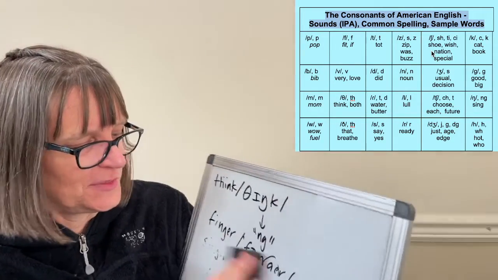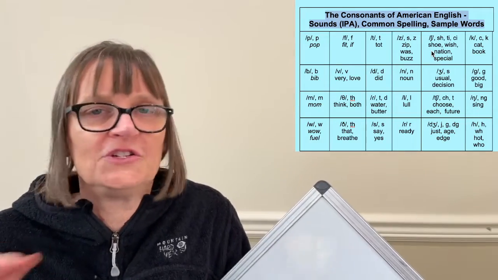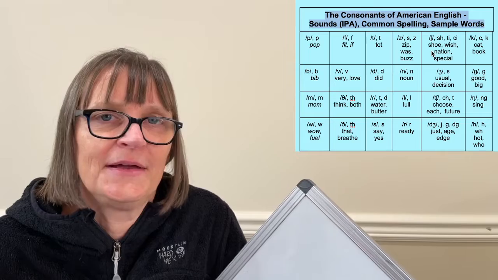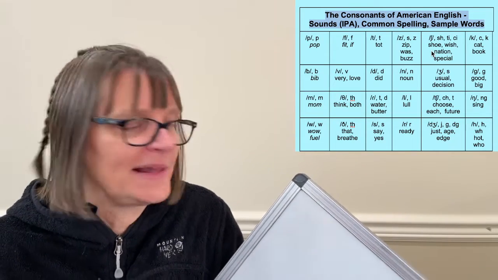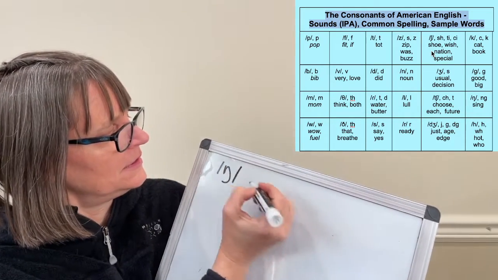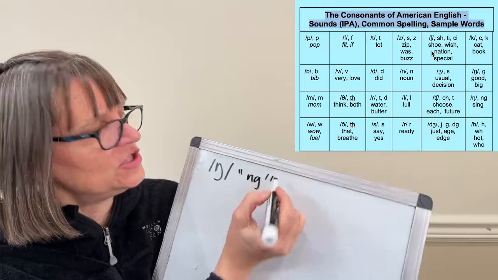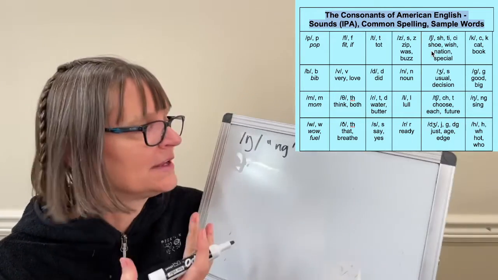So much to be learned from learning the IPA. If you're feeling overwhelmed, just take it a couple sounds at a time. For a lot of these consonants, as you saw, it's typically the letter and the spelling. So if this is new to you, you can think about it like NG, and then you can look for it and you can recognize a couple other different ways it's spelled.